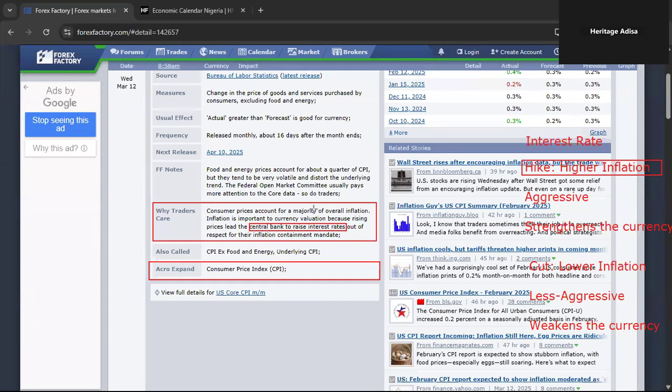Which means inflation in and of itself is not the biggest data that we look forward to trading, or is not the one that is actually causing the very big reaction in the market.